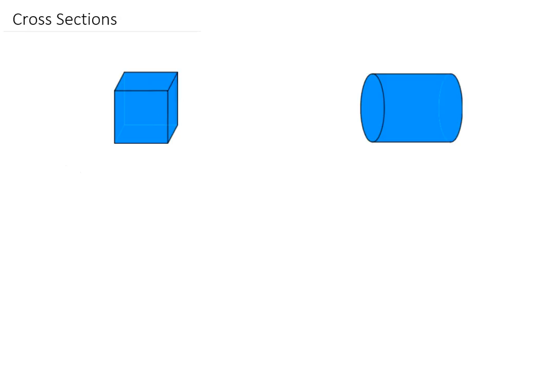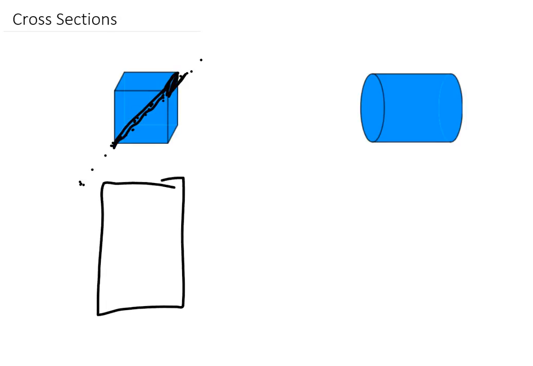Or I could completely cut this diagonally across the line here. So I slice it down there, and we'll notice these sides are going to be shorter than this diagonal here, which will give me a cross-section of a rectangle.